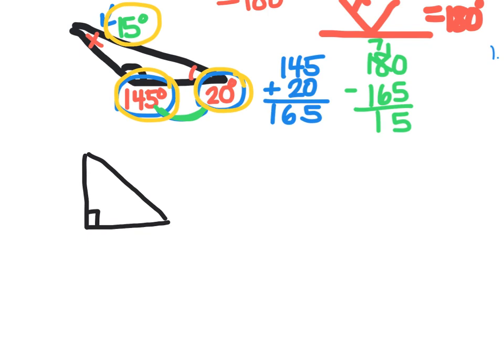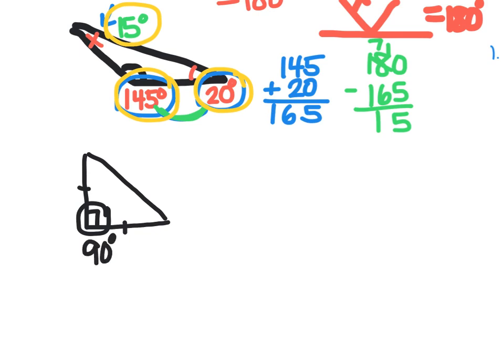As far as the sides, if this side and this side were exactly the same, shown by the tick marks, I would call it an isosceles triangle, meaning two sides are the same length. But we want to find out about that missing angle. So far, all we have is a 90-degree angle, and I know that simply because it has a box there for me. So I can go ahead and mark 90 degrees.